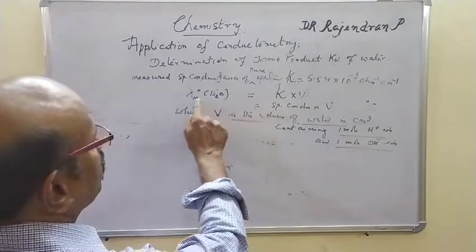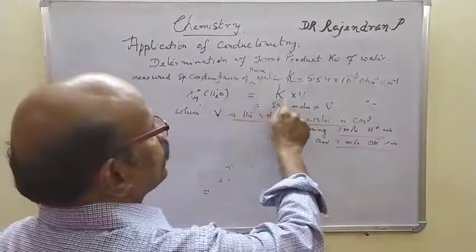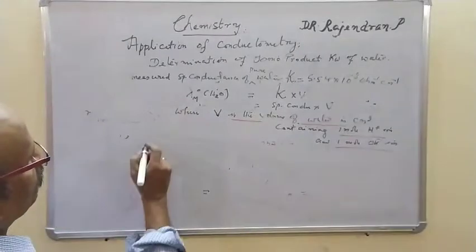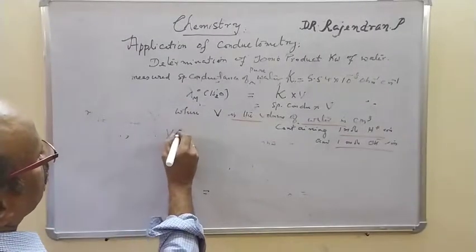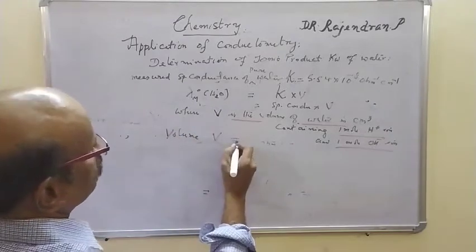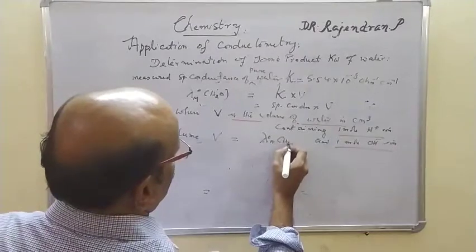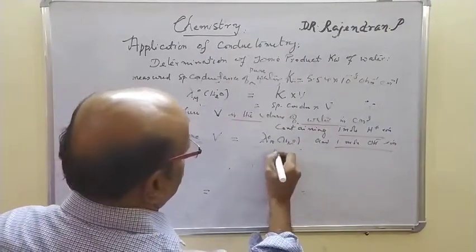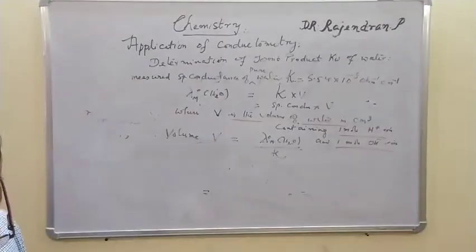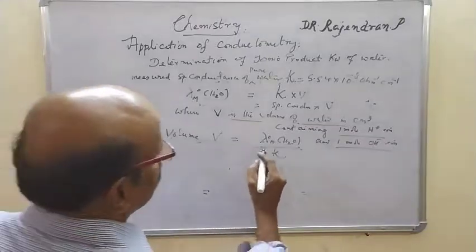Lambda 0 m H2O is known to us. Kappa is also known to us. Therefore, the volume V is equal to lambda 0 m H2O divided by kappa, the specific conductivity.